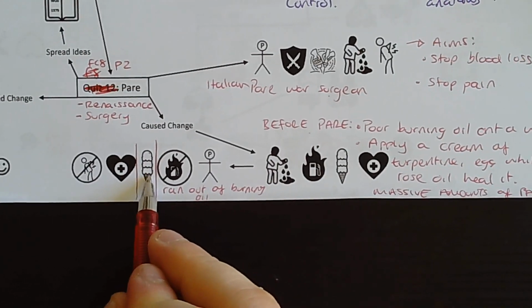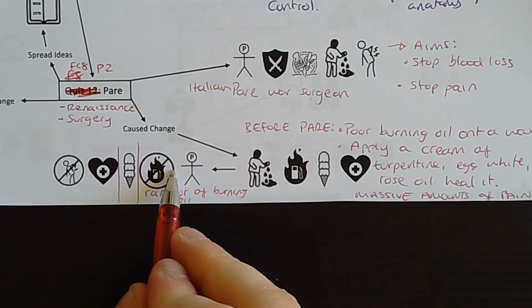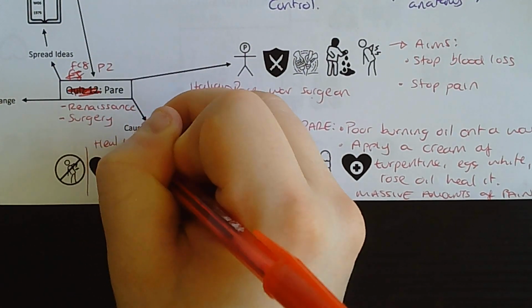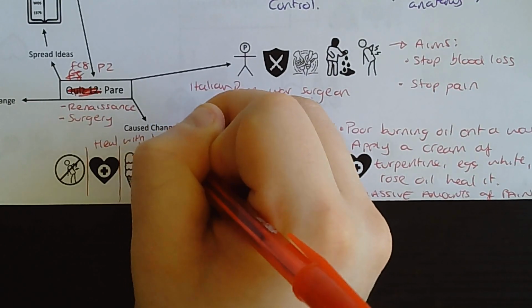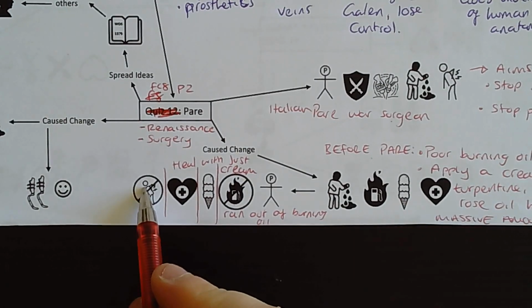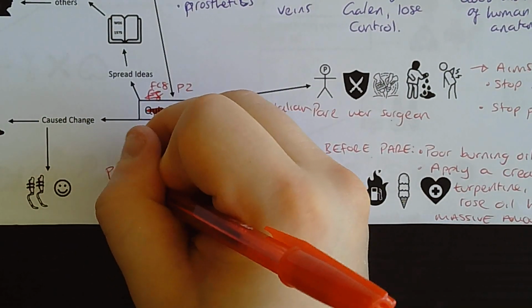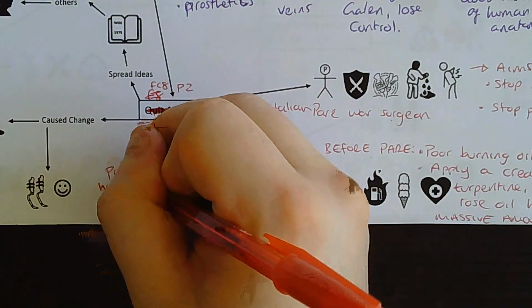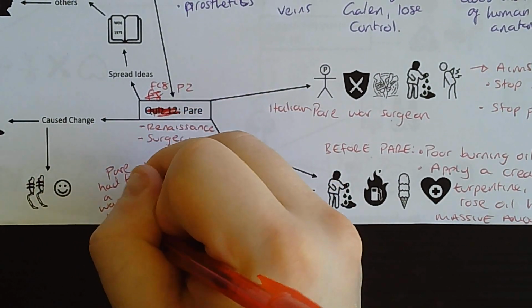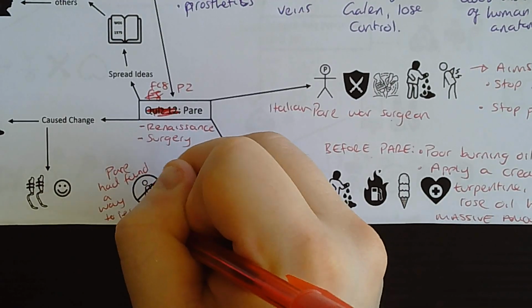And he found that the cream had the exact same effect without the oil. So he was able to heal with just the cream. This meant that Pare had found a way to lessen pain during surgery.